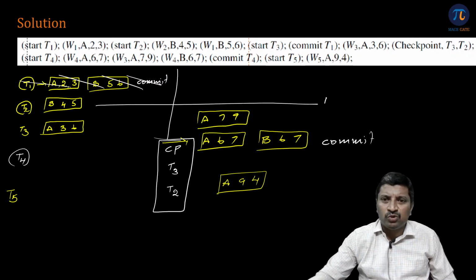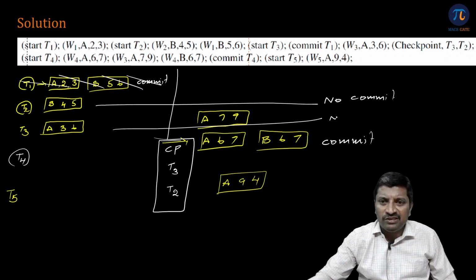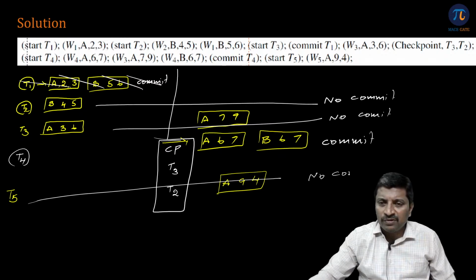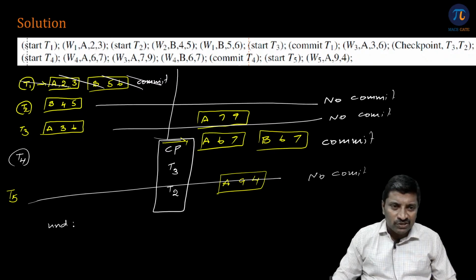So for T2 no commit. For T3 no commit. For T4 I have a commit, sir. For T5 no commit. Sir, first write undo. What do we undo, sir? For no commit. So for no commit I have the undo list. What is the undo list?